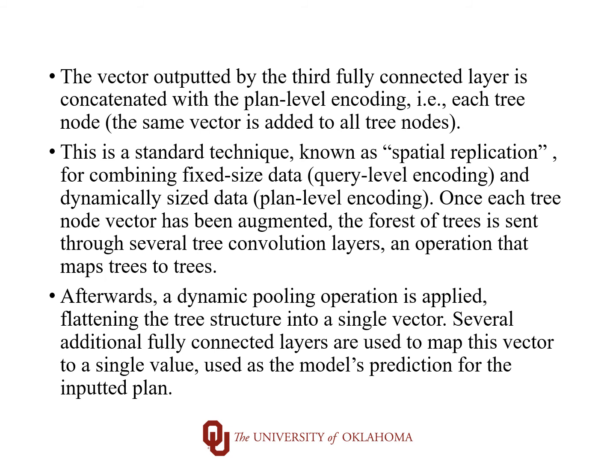These two are combined using the spatial replication technique, where the trees are of dynamic size, and then these trees are sent through three tree convolution layers, and mapped into a dynamic pool operation, which then flattens the tree structure into a single vector, and this single vector goes through several other layers, and finally it becomes one value, and that value is the model's predicted time.